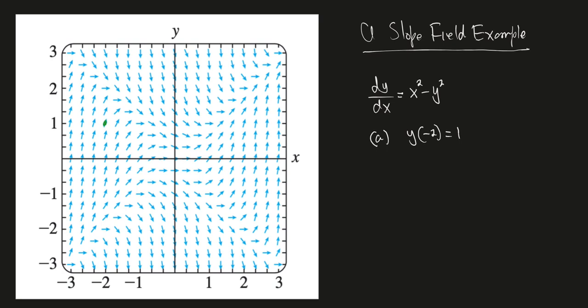And then if I want to sketch the solution that satisfies this particular condition, I'm going to start from this point, and then first I'm going to just follow the arrows. They're directing traffic, right? And then I try to extend it as far as I can go, based on the grid.